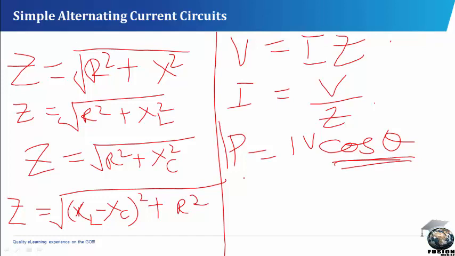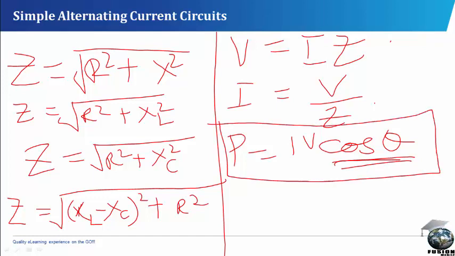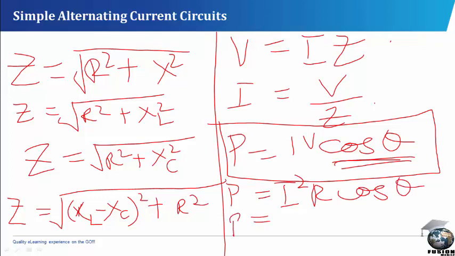This is the power in the system, IV cos theta, which we can also write, since you know that V is equal to IR based on Ohm's law, so we have it that P is equal to I squared R cos theta, or P equal to V squared all over R cos theta. All these are equations of power.